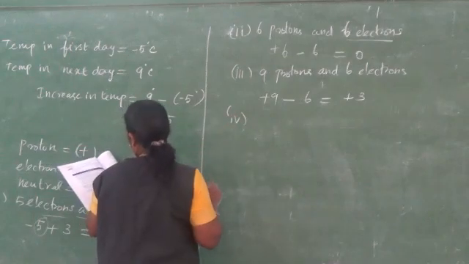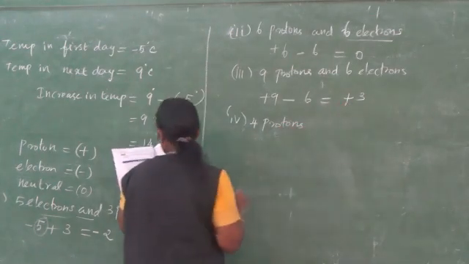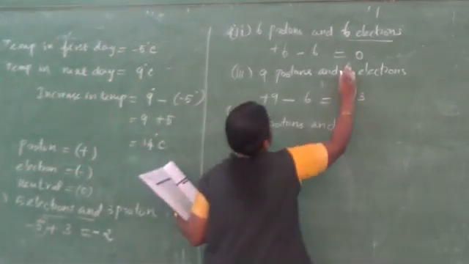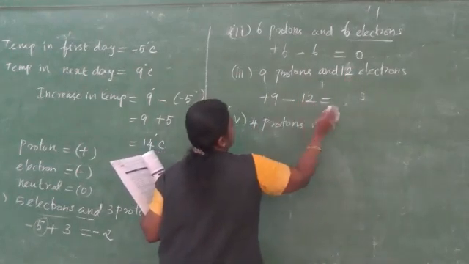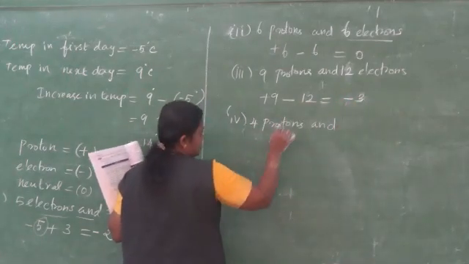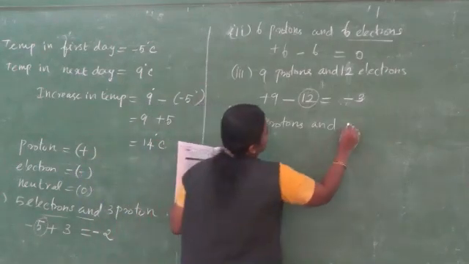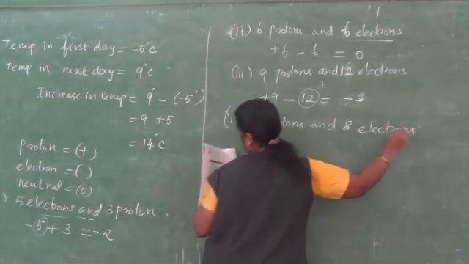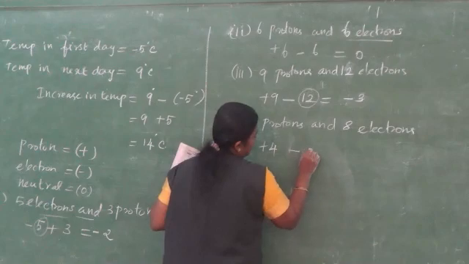Fourth one, 9 protons, sorry dear, here 9 protons, 12 electrons, so minus 12. 9 minus 12, answer is 3, but you will get the negative sign because 12 is a greater number. Come to the fourth problem. 4 protons and 8 electrons. 4 protons means plus 4, electrons minus 8.